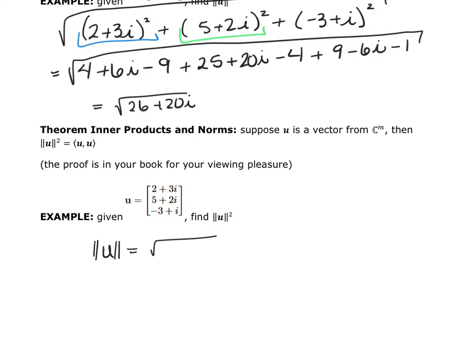We found from before it is 26 plus 20i. So then if I square that, I end up with 26 plus 20i. And that's it. Once you've found the norm, if you square it, it's going to be the same thing as if I had done the inner product of itself with itself.